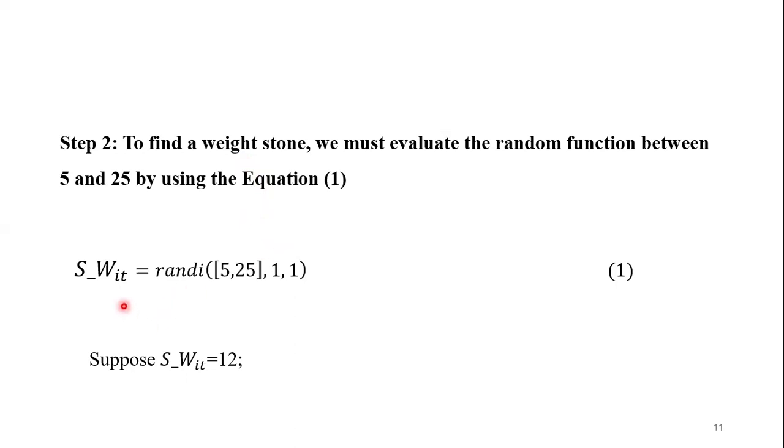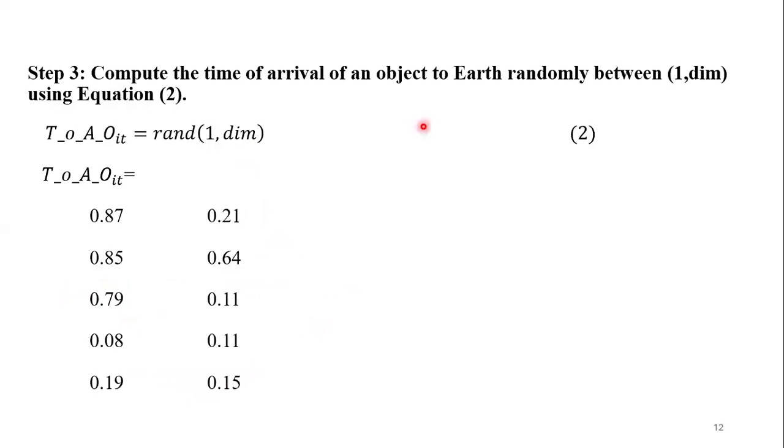That's the idea. The weight of the stone can be found by this equation, and it has to be between 5 and 25. We assume we found the value randomly, 12, and then we find the time of arrival of the object to the ground for goose number 1, 2, 3, 4, 5, and through this equation we found these values.